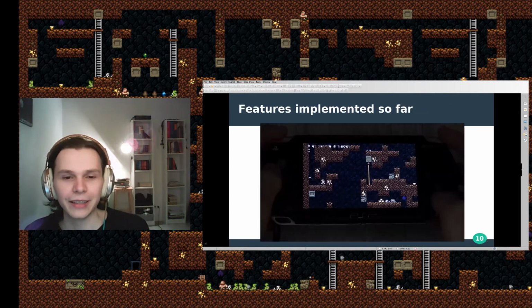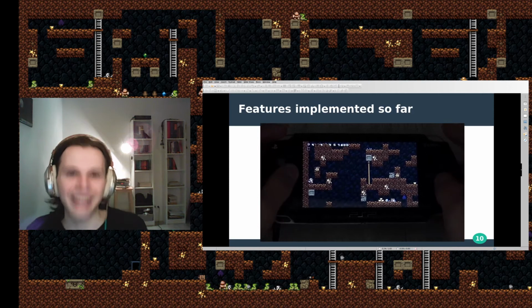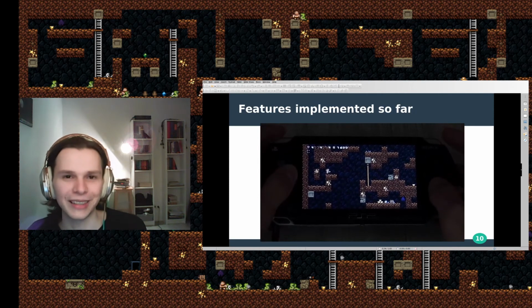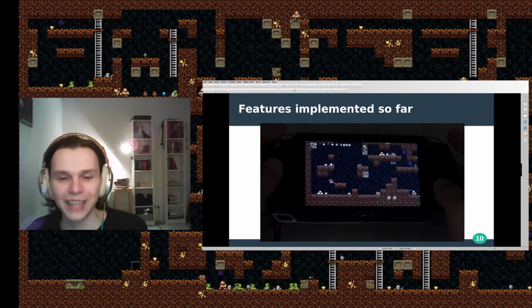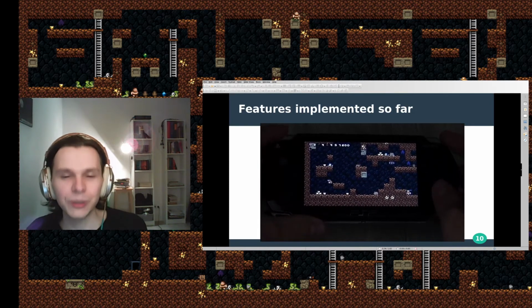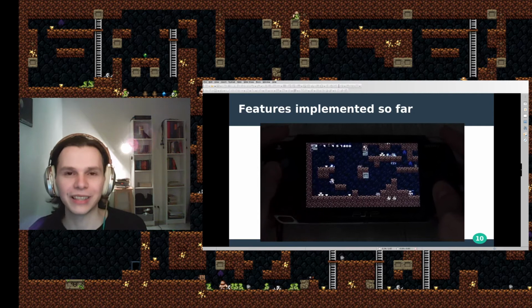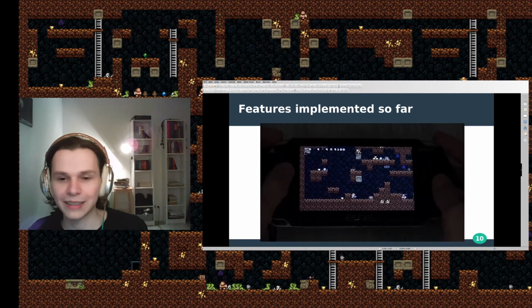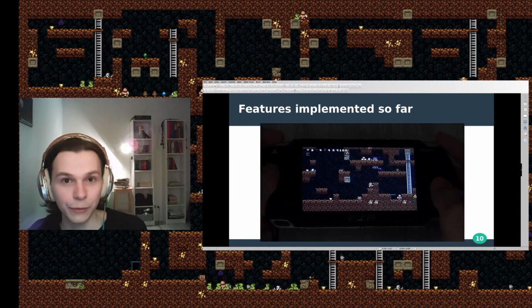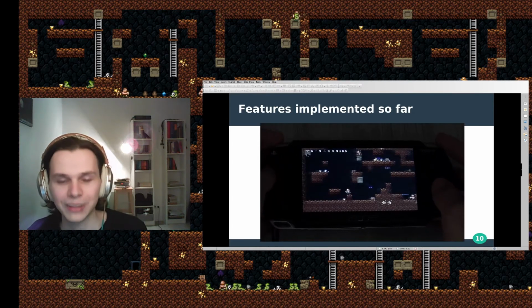Yeah, and supporting even 8,000 platforms would be useless without the actual gameplay, without the in-game features. So in terms of functionalities, what is implemented so far is NPCs, for example, bats, snakes, spiders, cavemen, skeletons, arrow traps.